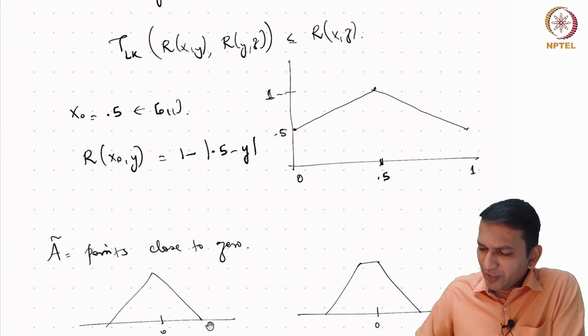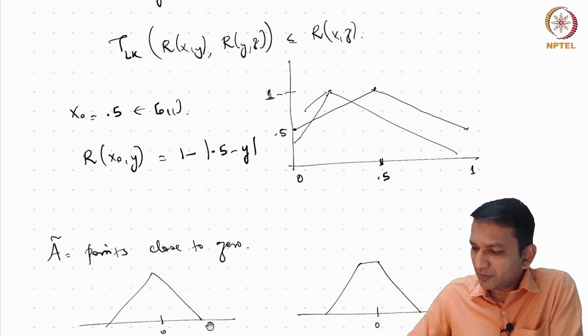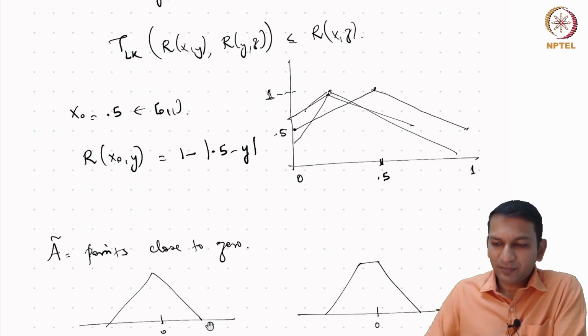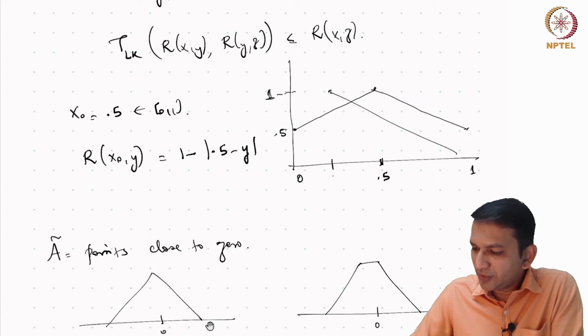Now instead of 0.5, if you take it to be 0.3, all we are doing is displacing this fuzzy set. So at 0.3 it is 1, at 0 it will be 0.7, and at 1 it will be 0.3.